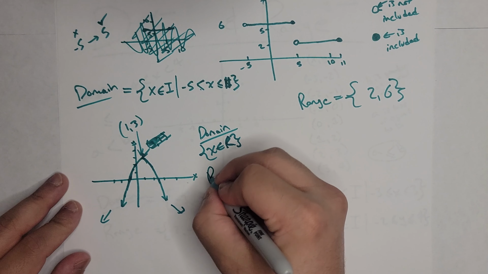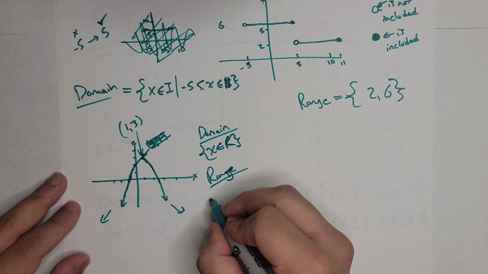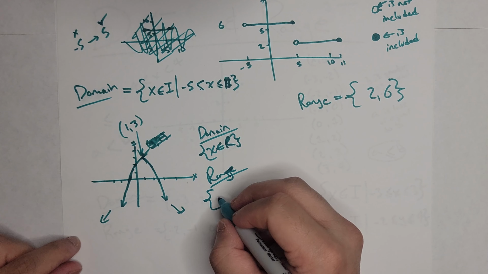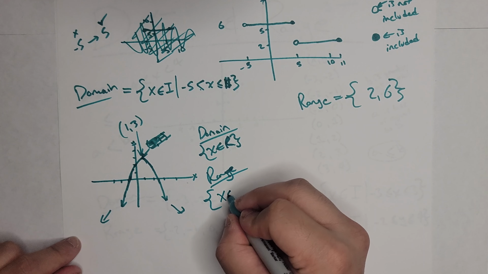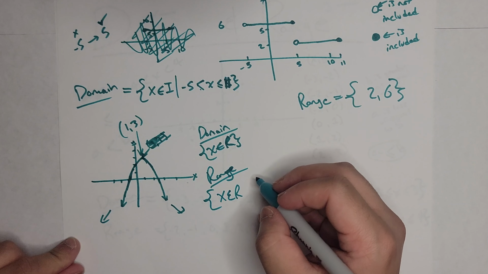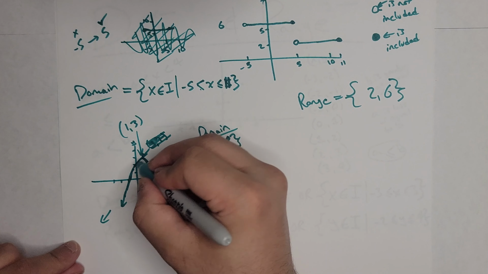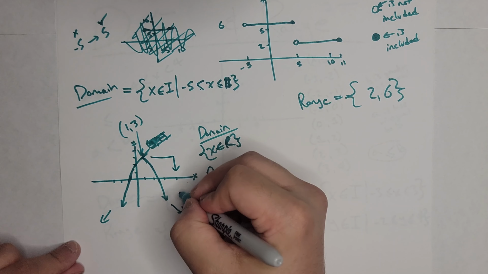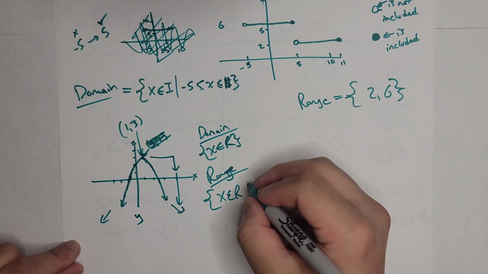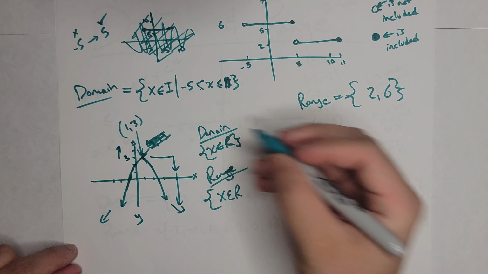And then for our range, the only restrictions we have, because from here and downwards we have all our y values, but from 3 and upwards we don't.